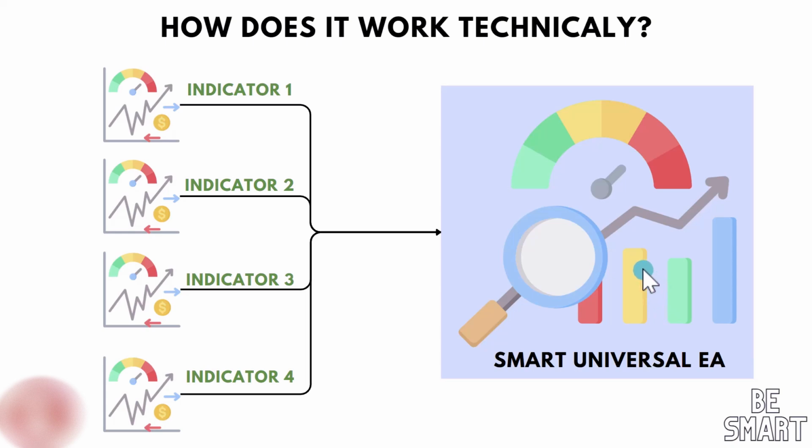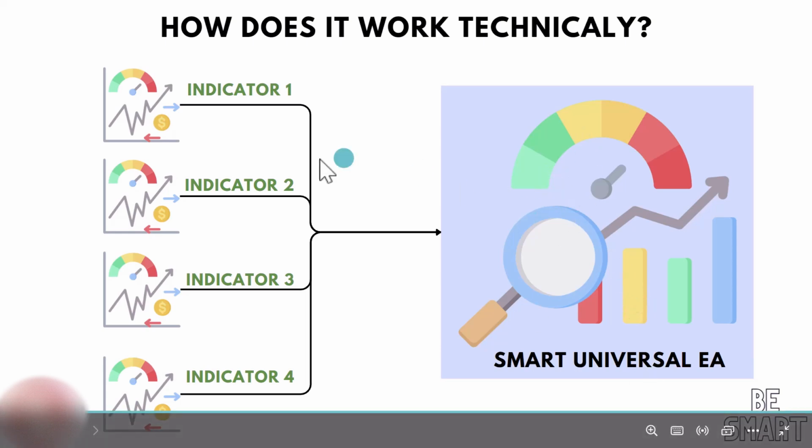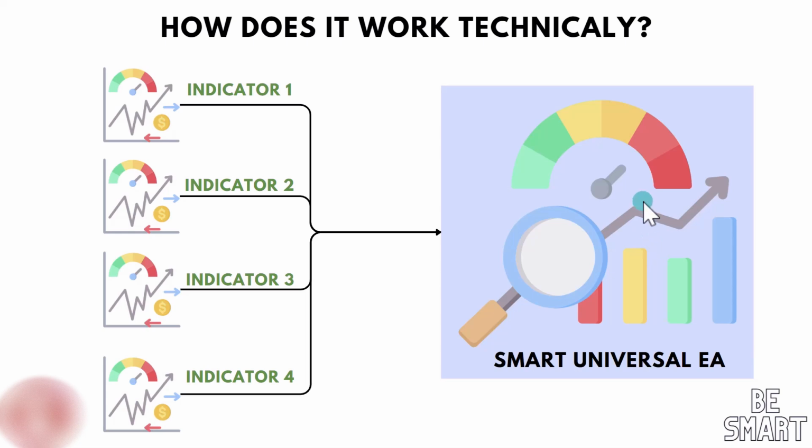Now the goal here is that you still have to do the testing. I'm giving you the tools, but I'm not promising you, and I'm not giving you the best settings. There is no best setting, basically. You have the tool, you have the ability to connect any kind of indicator, so it's up to you to find the ultimate combination of settings of the indicator and also the settings of the Smart Universal Expert Advisor.